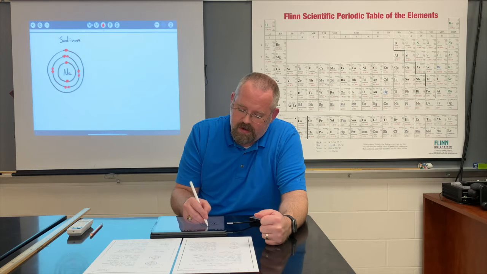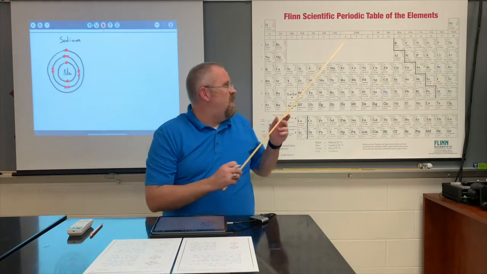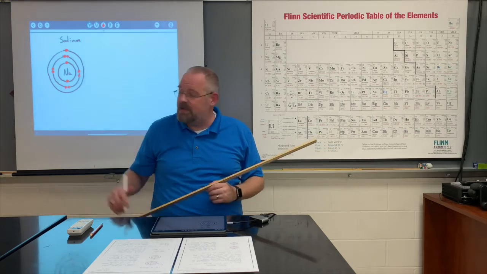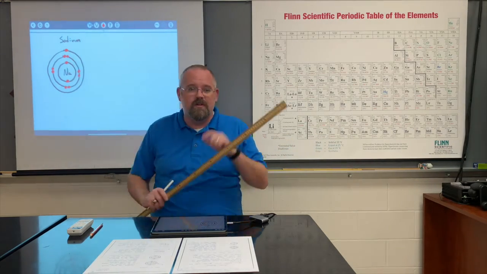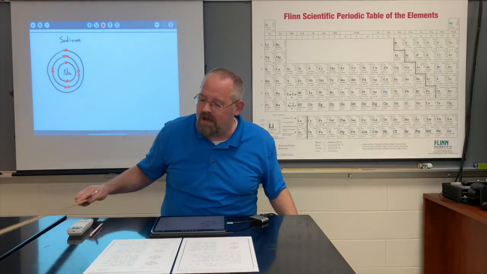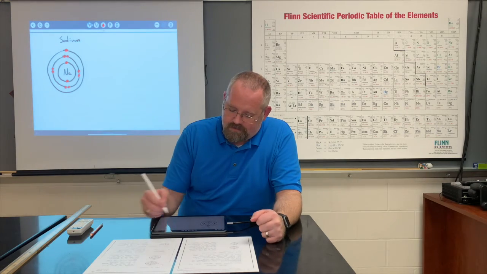And that third layer holds that 11th and final electron, okay. Now, we say that the alkali metals have 1 valence electron. Well, that's because in our outer shell here, there is only 1 electron. So all of the alkali metals have that 1 valence outer shell electron.